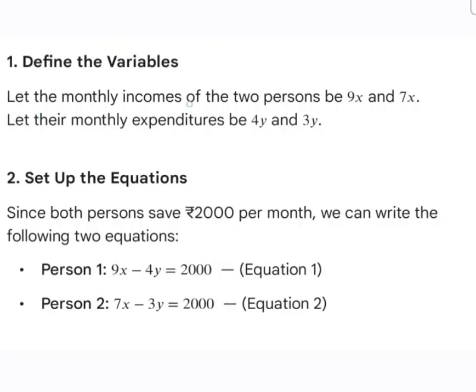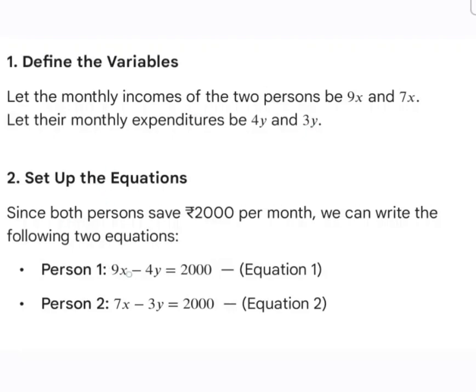Let the monthly income of two persons be 9 is to 7, that means 9x and 7x. Let their monthly expenditures 4 is to 3, that means 4y and 3y. Consider the equations.